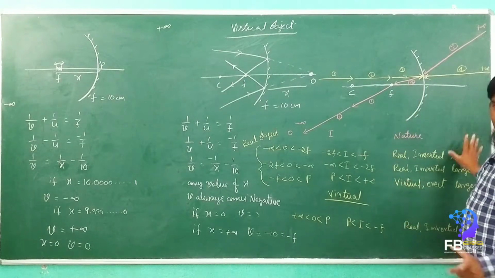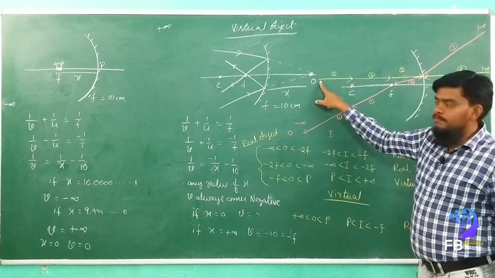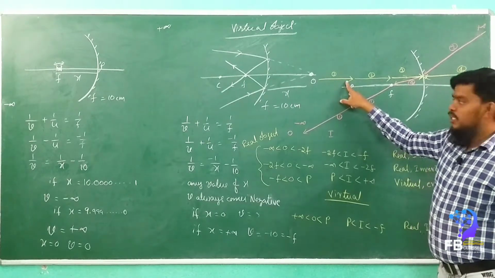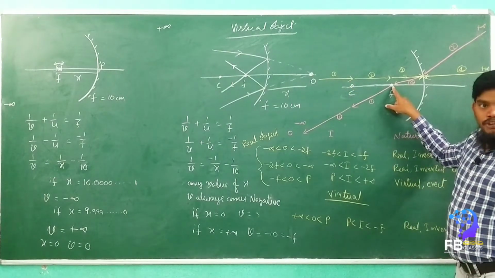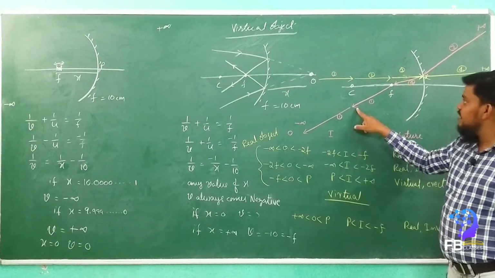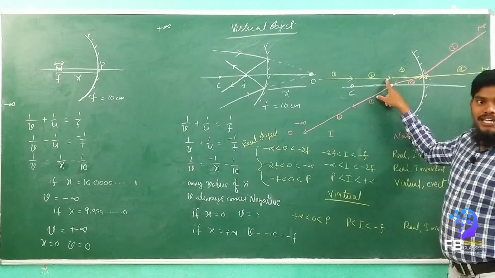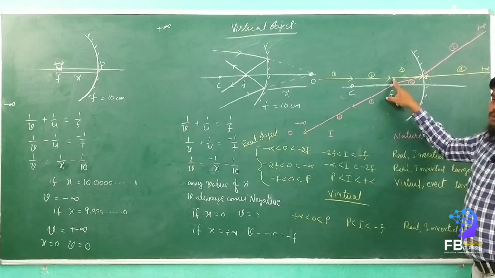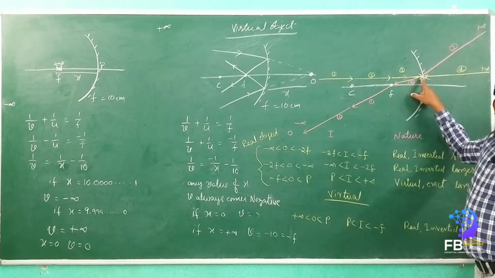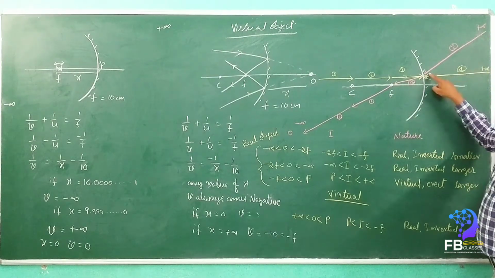Once again, I am going to explain the conceptual understanding. When the object is moved from infinity to C, the image is moved from F to C. Then when the object is moved from C to F, the image will move from C to infinity. When the object is moved from F to pole, the image will move from positive infinity to pole.